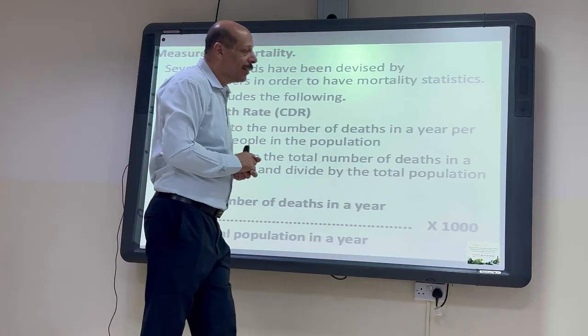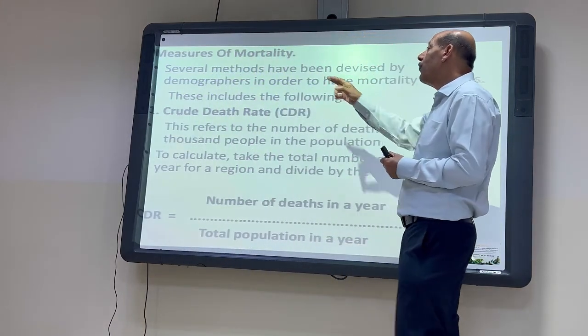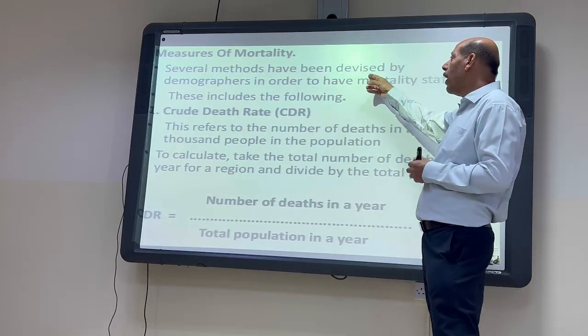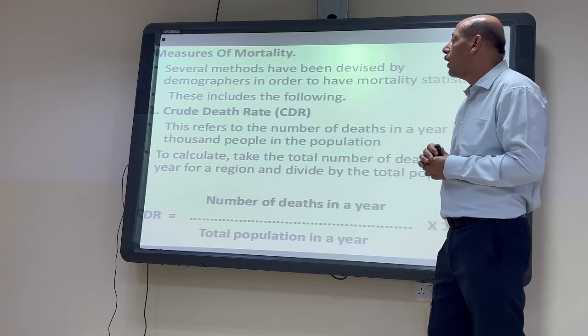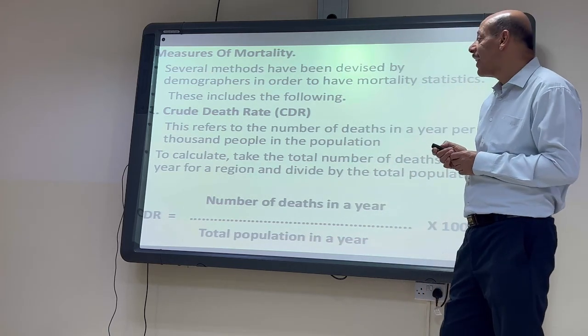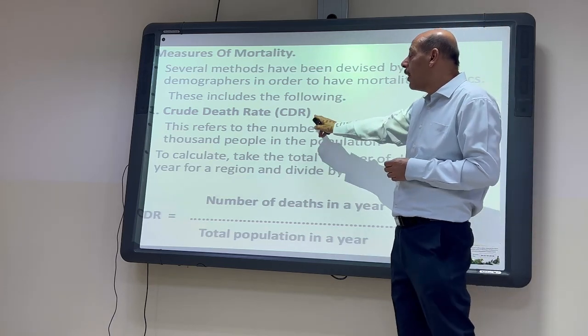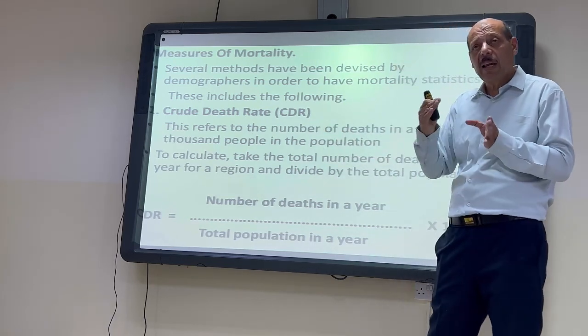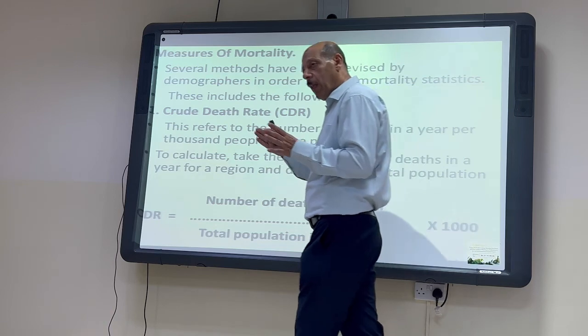Mortality rate. Several methods have been discovered by demographers in order to obtain mortality statistics. Those include the following: the crude death rate, which we call معدل الوفيات الخام.